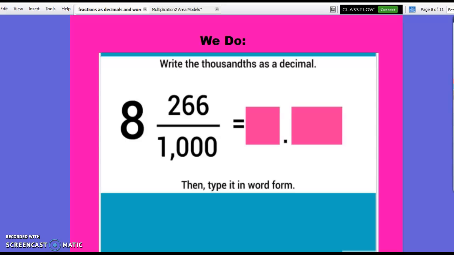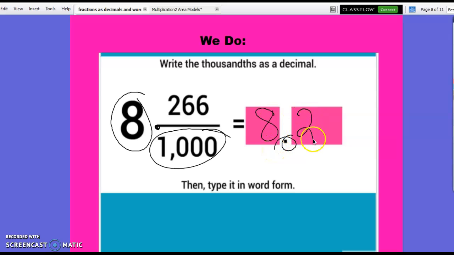Okay, so here's another one. You have in fractions, this reads 8 and 266 thousandths. Then you just convert 8 and 266 thousandths.